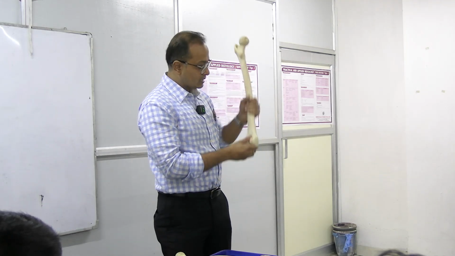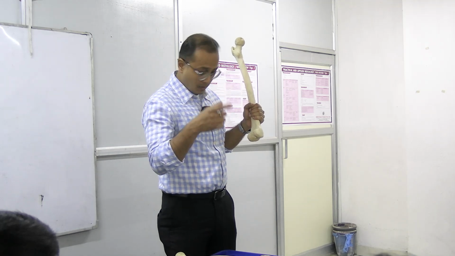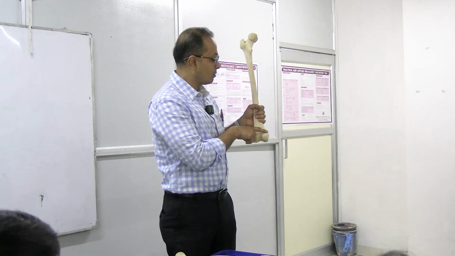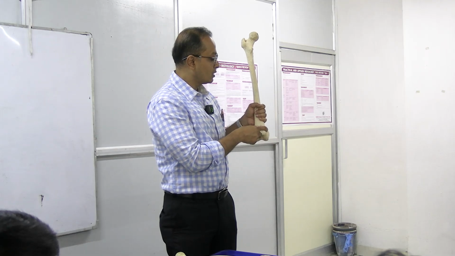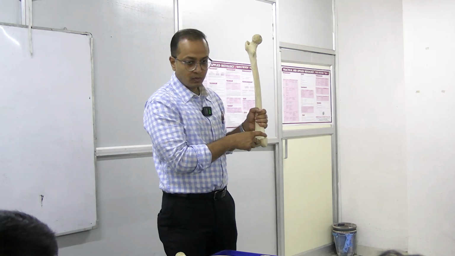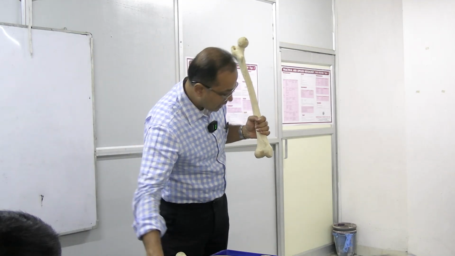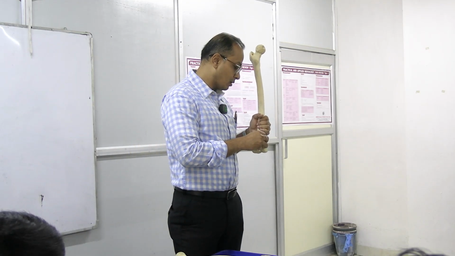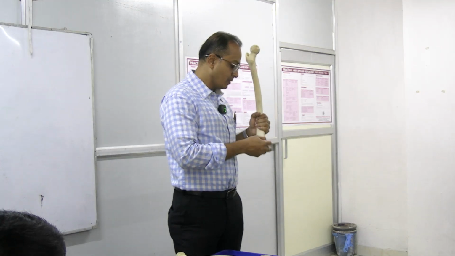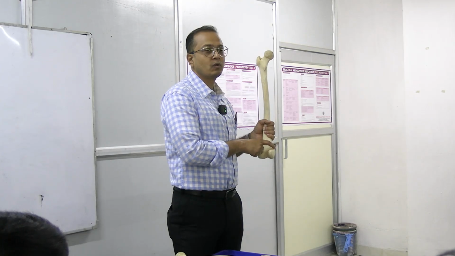Now, on the medial side above, other than the bump which we call the epicondyle, we have another bump which is present on the medial supracondylar line. We call it the adductor tubercle. This adductor tubercle is an important landmark, present on the medial supracondylar line above the medial epicondyle. This bony point is always present.